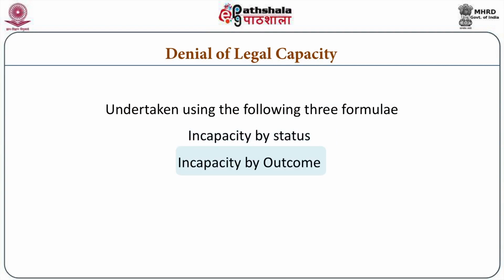A second kind is the incapacity by outcome. What this suggests is that the status doesn't deprive the disabled person of legal capacity, but the moment that that disabled person makes a decision that we believe results in a poor outcome, we automatically deny that person his or her capacity. There's a very clear example here. You can think of certain psychiatric patients who decide at one moment that they do not want to be medicated anymore. So before that time, perhaps the medication wasn't forced upon them. If we're not forcing medication upon someone, that means that they retain the autonomy of legal capacity.